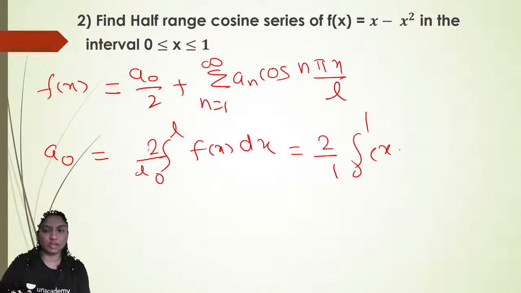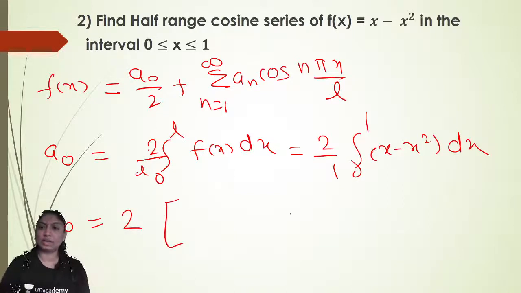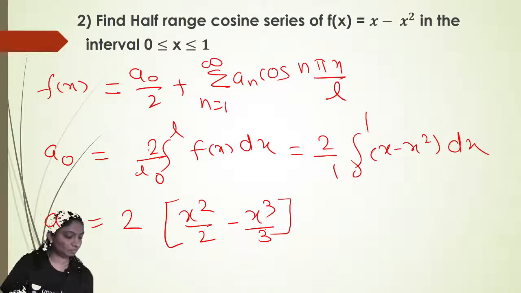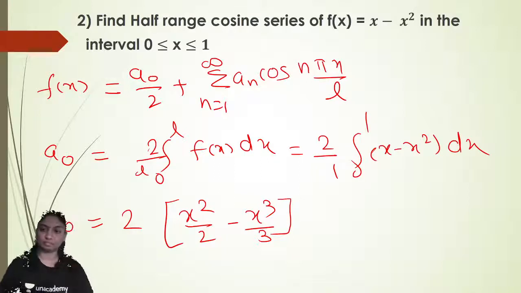So what is our f of x? x minus x square dx. So a0 is equal to 2 into bracket integral of x minus x square, so here is x square by 2 minus x cube by 3, right? Now from 0 to 1.